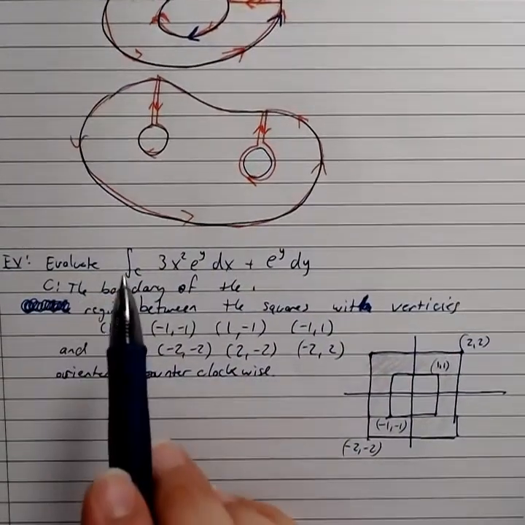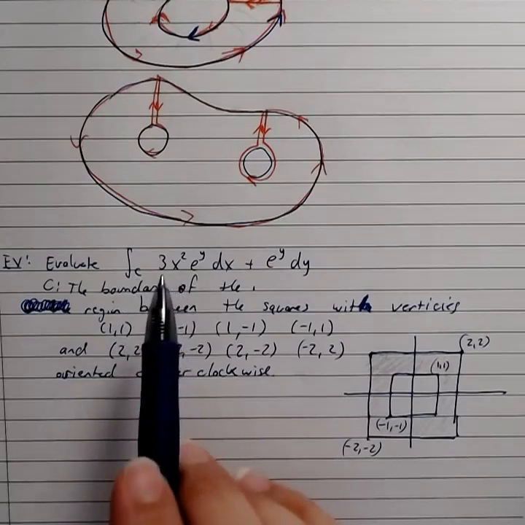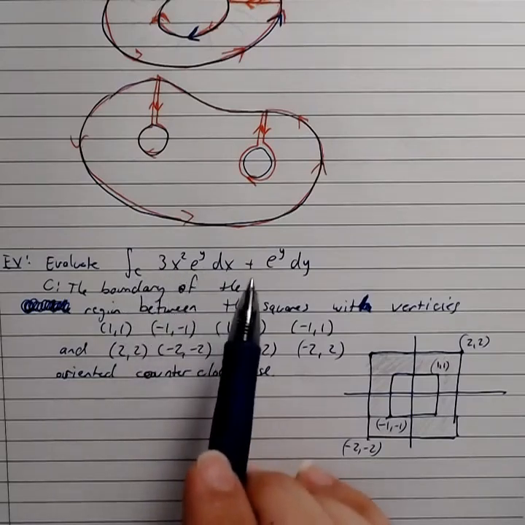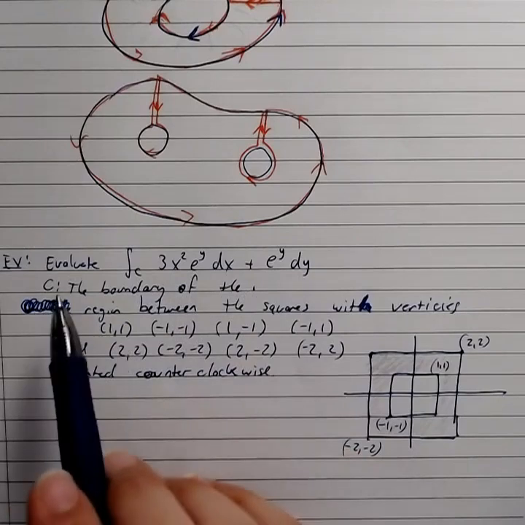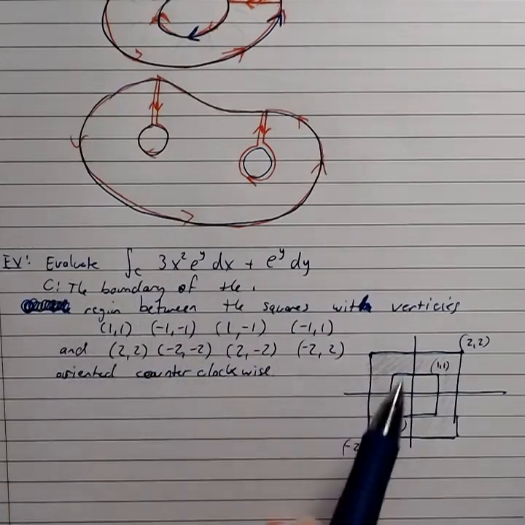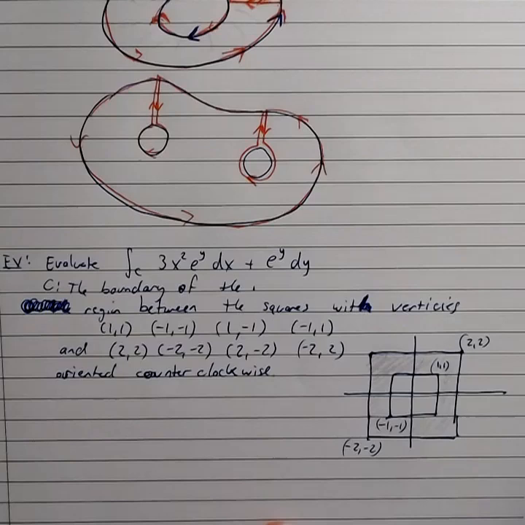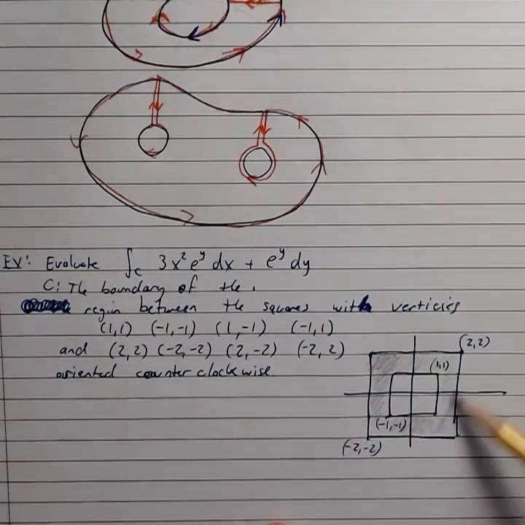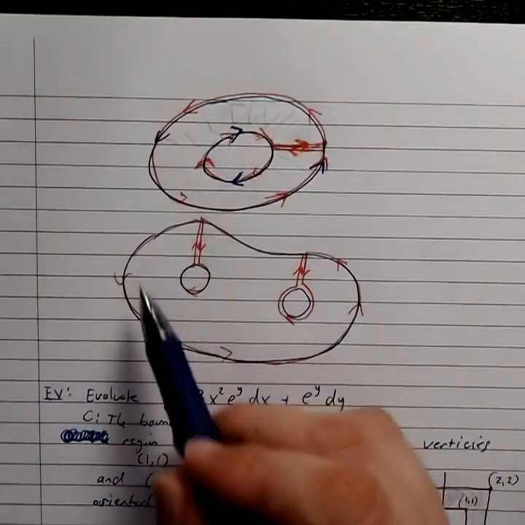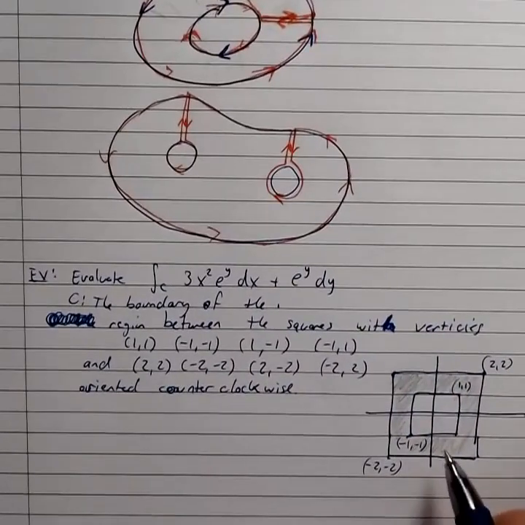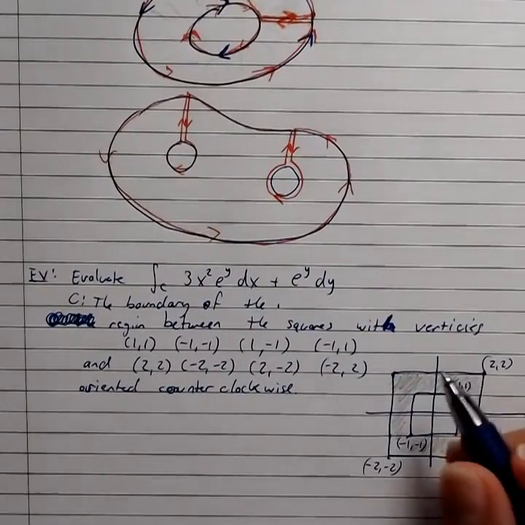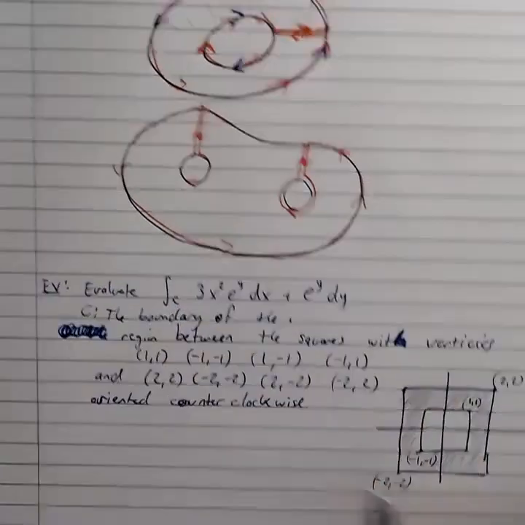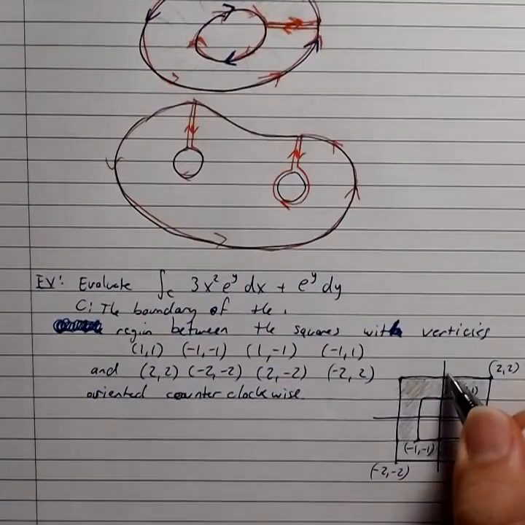So evaluate the line integral over C of 3x squared e to the y dx plus e to the y dy, where C is the boundary of the stuff in between here, oriented counterclockwise. Right? Here, this justifies our ability to do this. We don't actually have to go through and make these cuts anywhere. It's sufficient to know that we can, and therefore Green's theorem still applies.